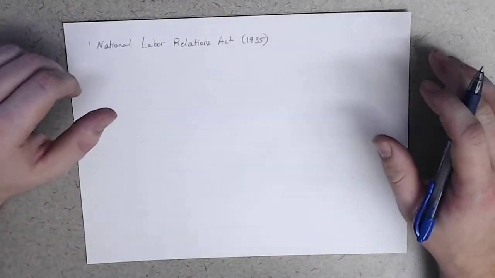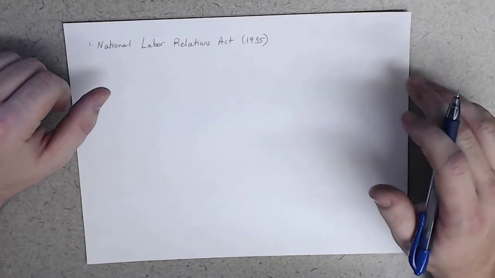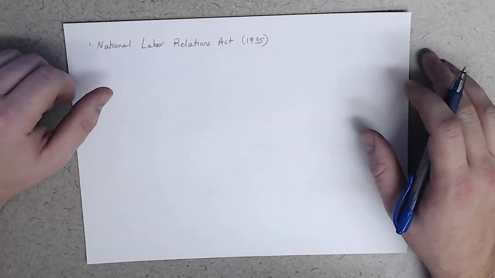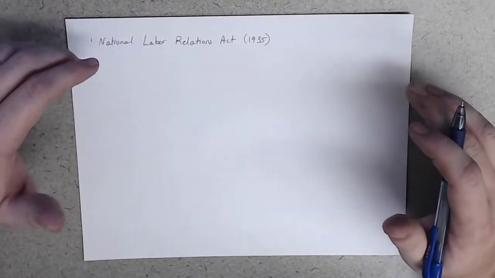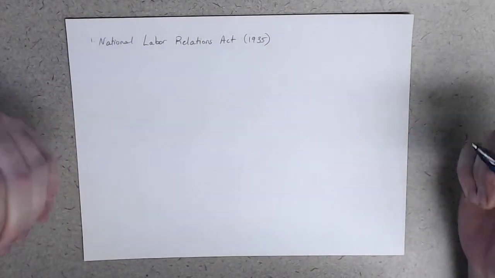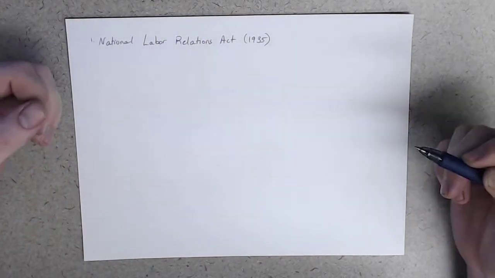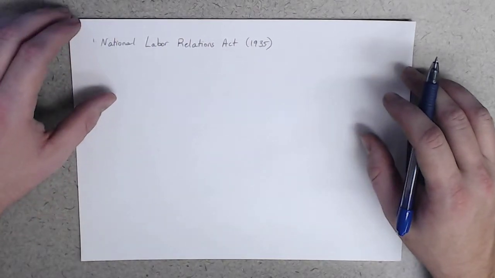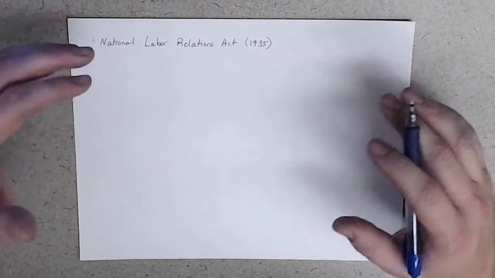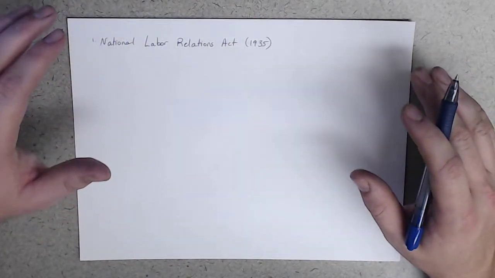And so what this did is it required employers to bargain with unions that represented the majority of their employees and made it illegal for employers to interfere with their employees' right to organize collectively. So the NLRA is essentially the document that says that unions are legal, right? It's illegal to ban the unionization of workers, right? If your workers want to unionize, you have no right to stop them.